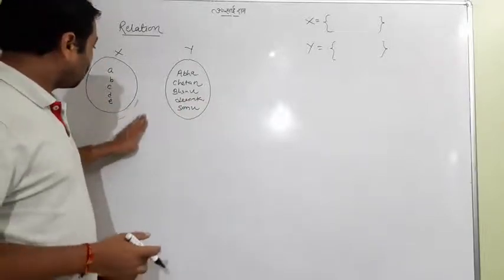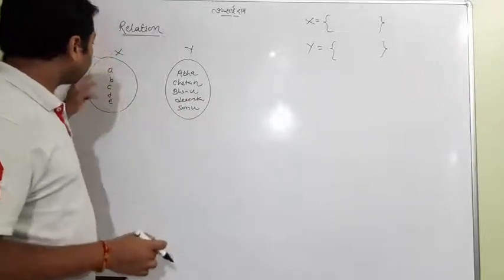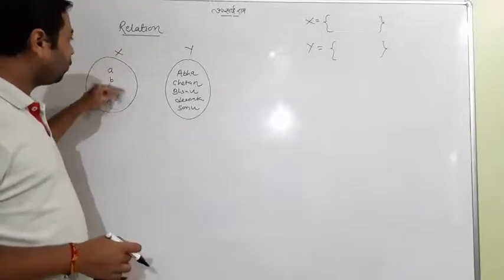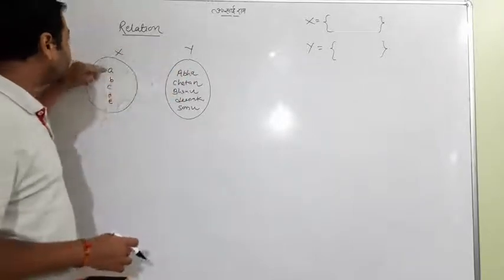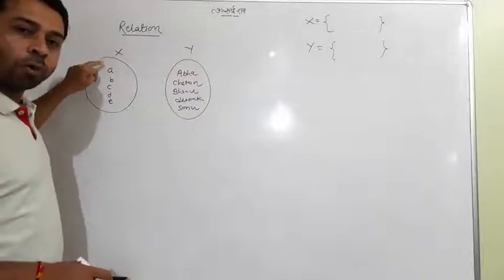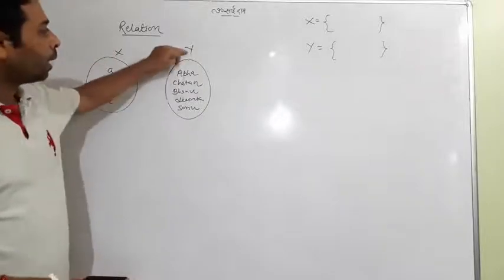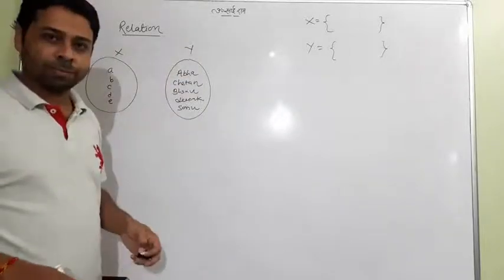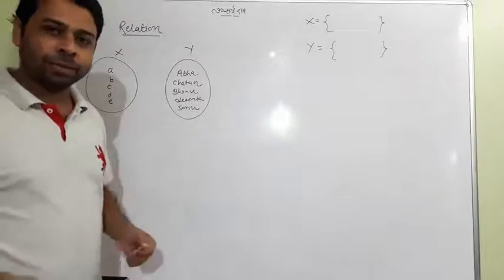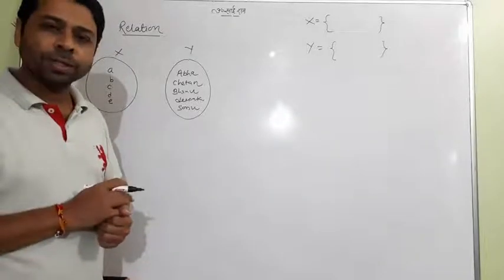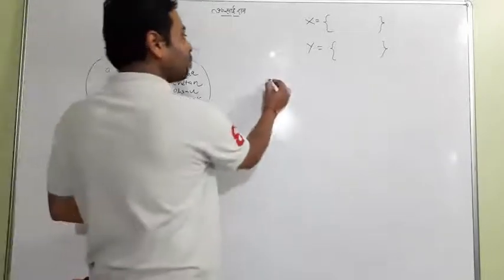So if you look here, a few elements I put here, and a few elements I put there. X is the set of alphabet letters and Y is a set of some names. These are two independent sets. So I ask you first to find x cross y.